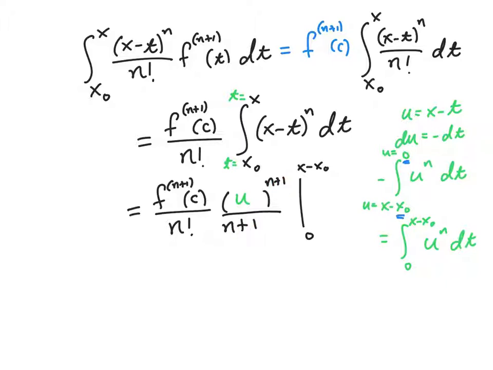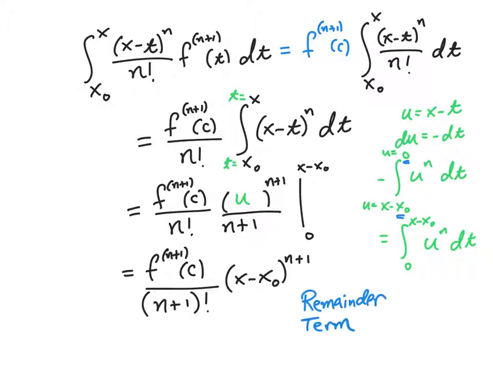But keep in mind that n plus 1 times n factorial is the same thing as multiplying by the next term in the factorial. So this is going to collapse to n plus 1 factorial. And when I plug in 0, I will get 0. And when I plug in x minus x naught, I'll have x minus x naught to the n plus 1. And you're going to see that we will get the result of the remainder term for the Taylor series.